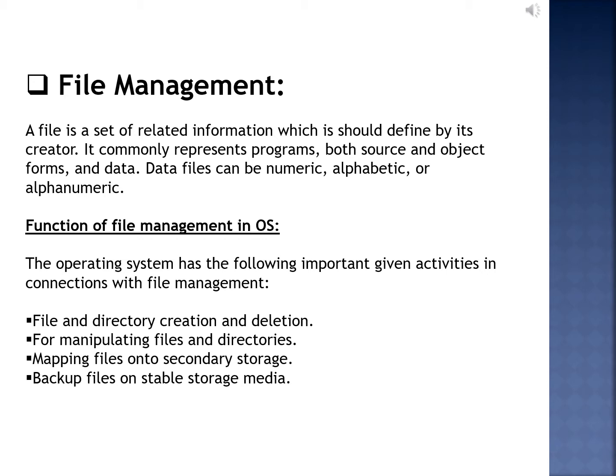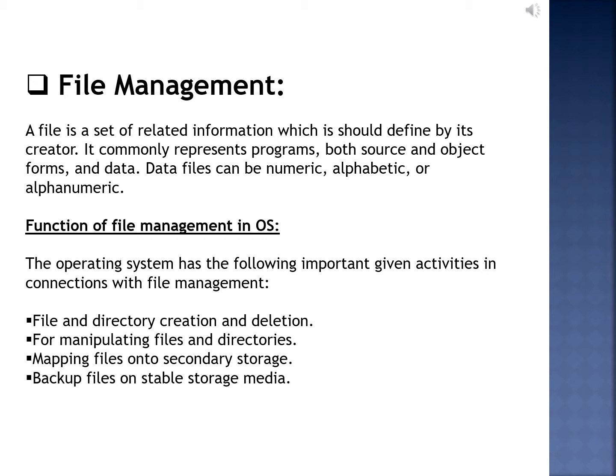The operating system implements the abstract concept of the file by managing mass storage devices such as tapes and disks. Also, files are normally organized into directories to ease their use. Finally, when multiple users have access to files, it may be desired to control by whom and in what ways files may be accessed.